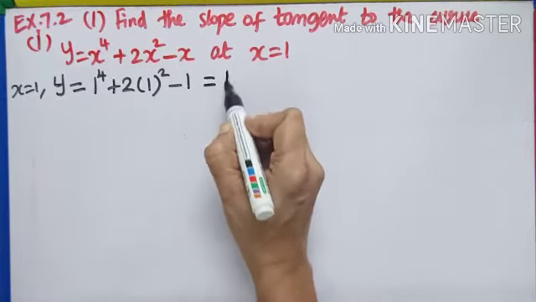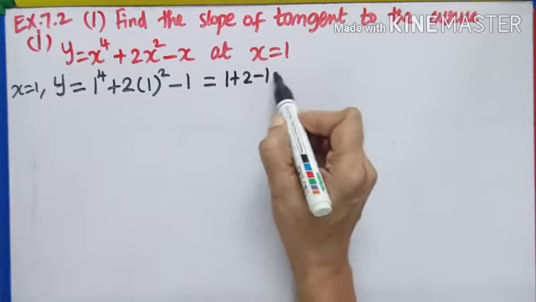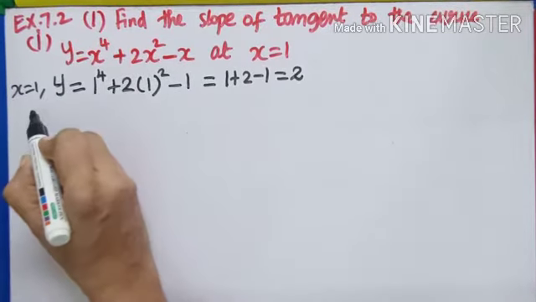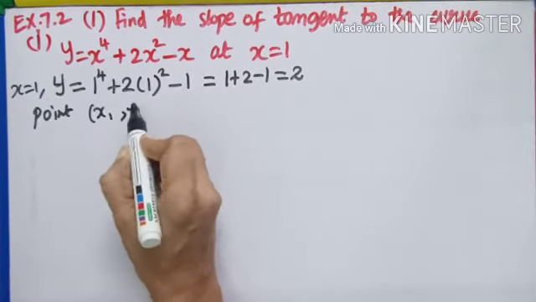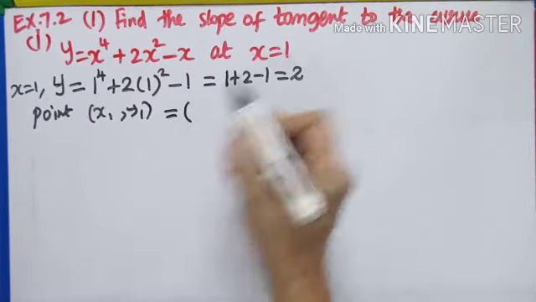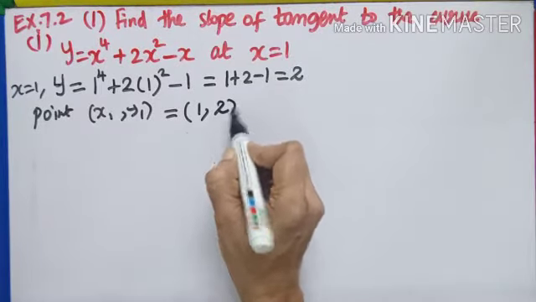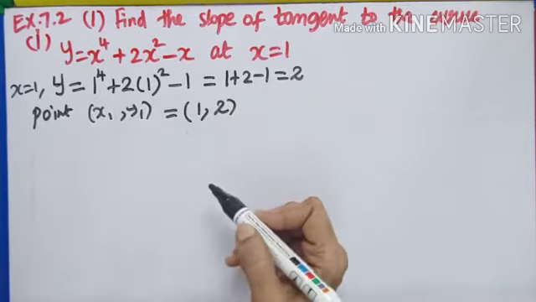Simplifying, 1 plus 2 minus 1, which is 2. So, what is the point that I get? I take the point x1, y1 as 1, 2. X value 1, y value 2.